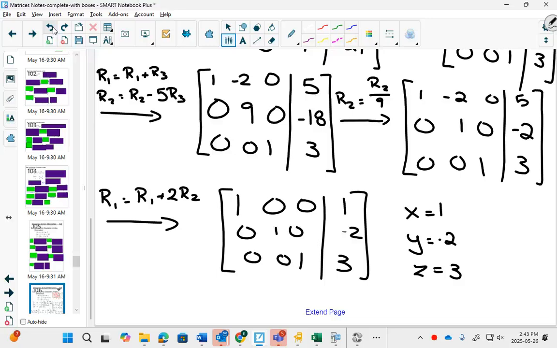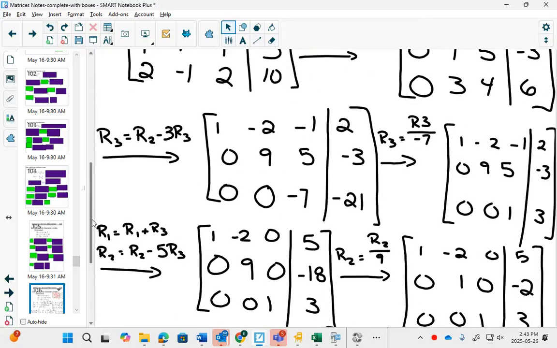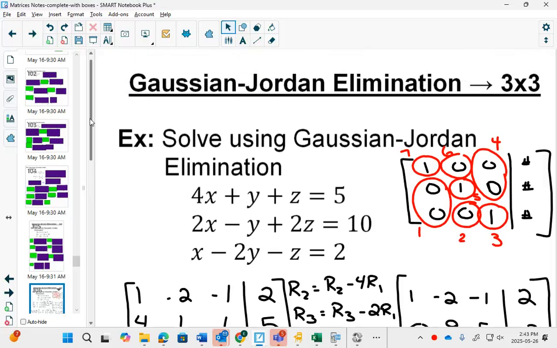If this was non-calculator on a test, you could now go back to these original equations. X equals 1, 1 plus 4, plus a negative 2, 2, plus 3, 5. Equation 1 works. Equation 2: 2 times 1 would be 2, minus a negative 2 would be 2 plus 2 is 4, plus 6, 10.